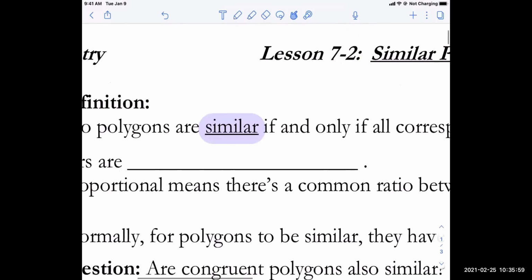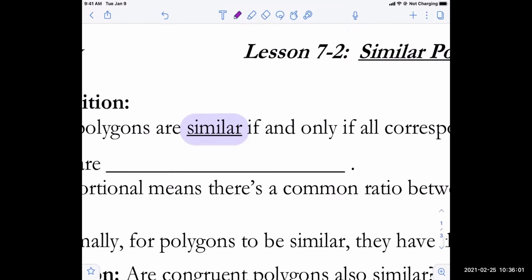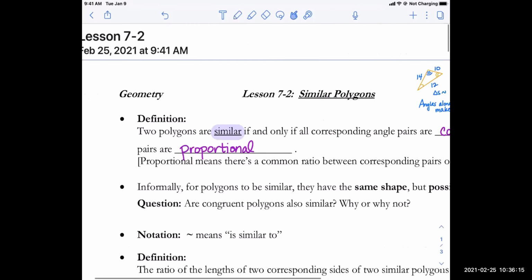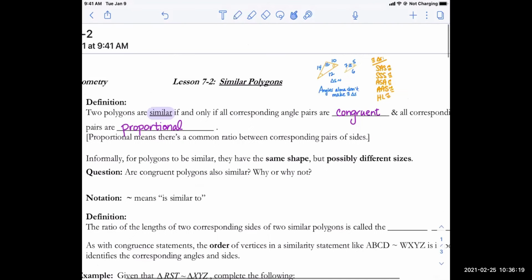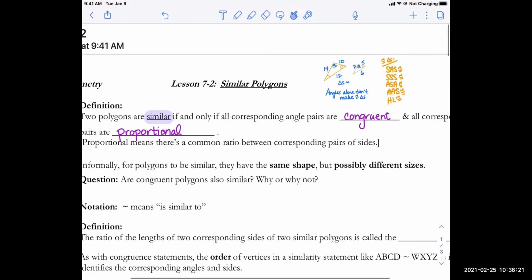Now, again, what that means is that when you compare all the corresponding side lengths, you should get the same ratio every time. Proportional. We say the shapes are similar, the sides are proportional. So it's kind of a common mistake for students to call sides similar. Sides are proportional, angles are congruent. Okay, that's the definition of similarity.